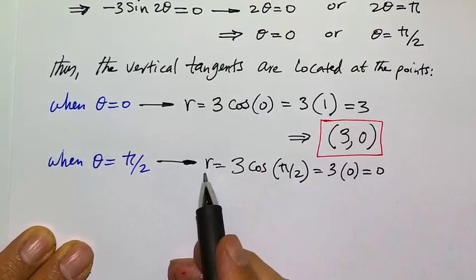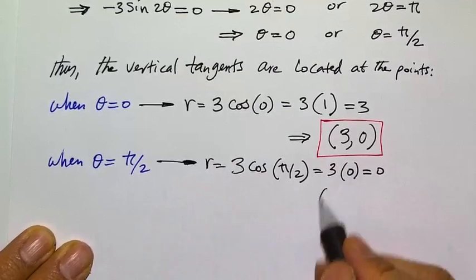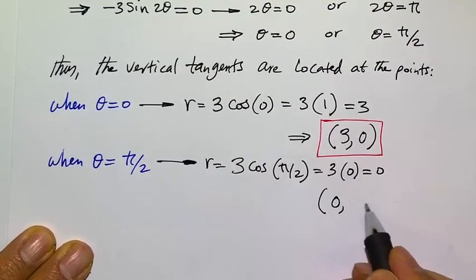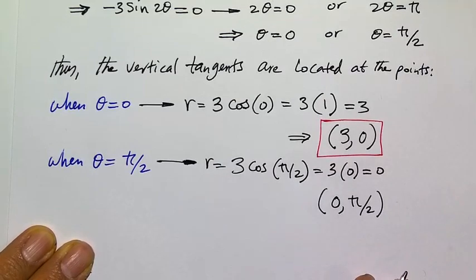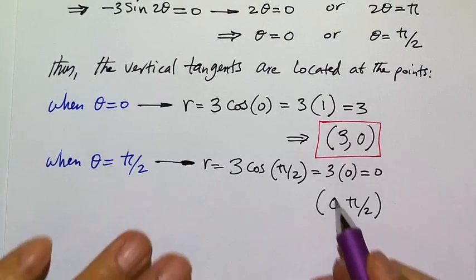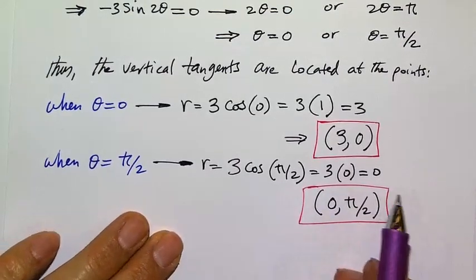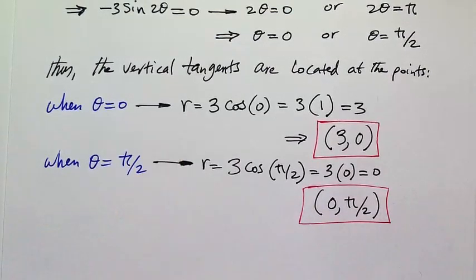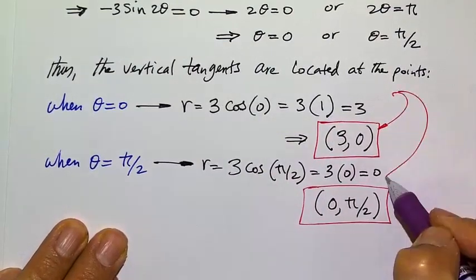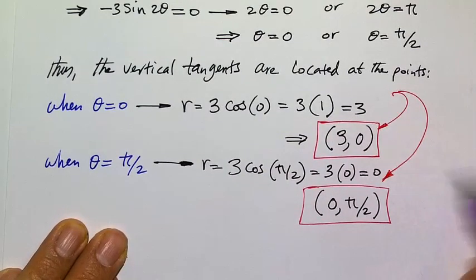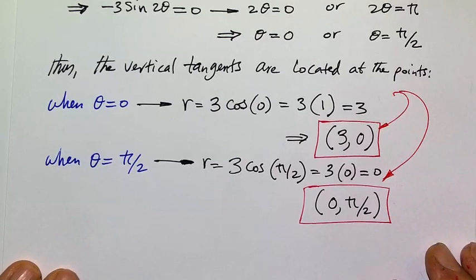So that's the r when theta equals pi over 2. So we have r equals 0 at theta being pi over 2. So the vertical tangents that we mentioned are located at these two points.